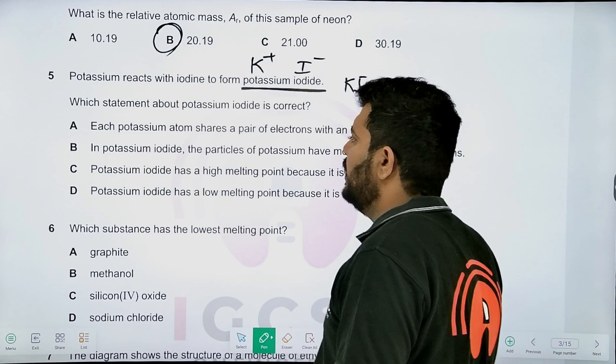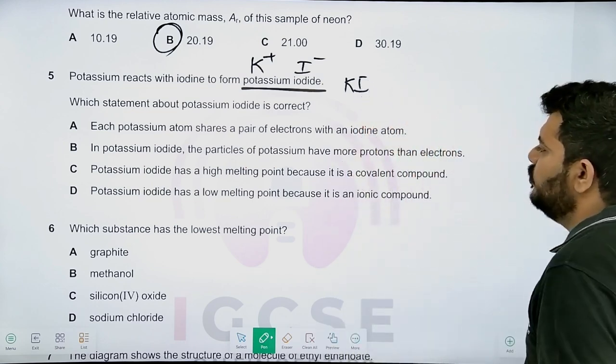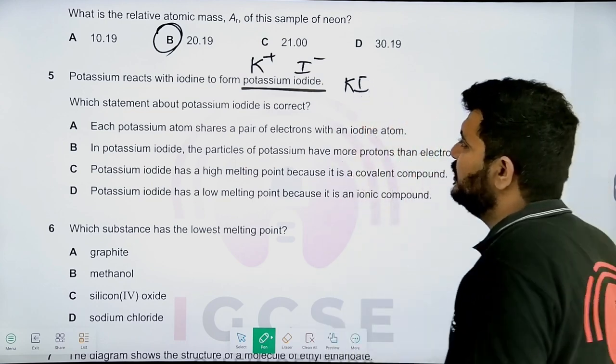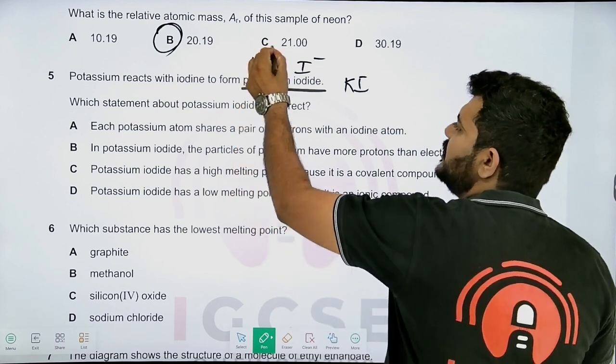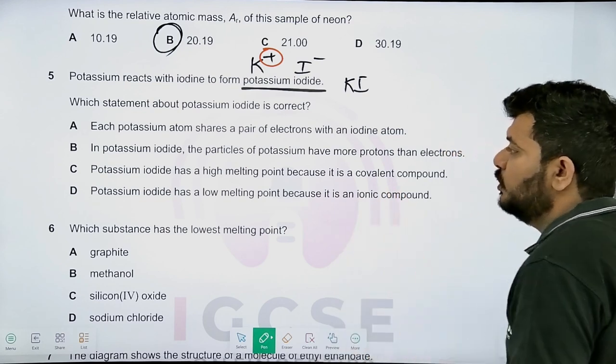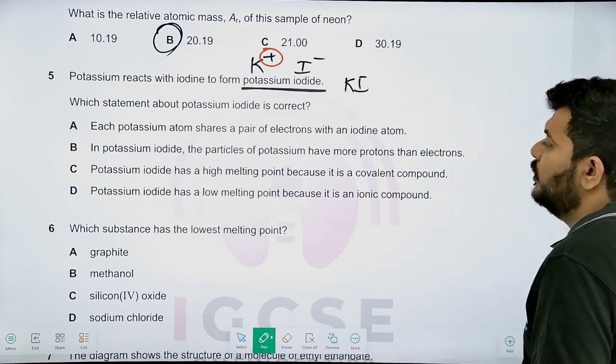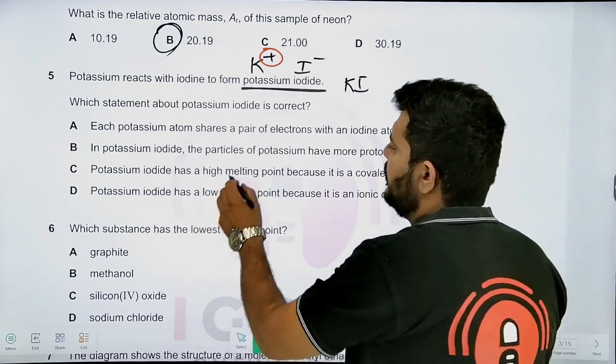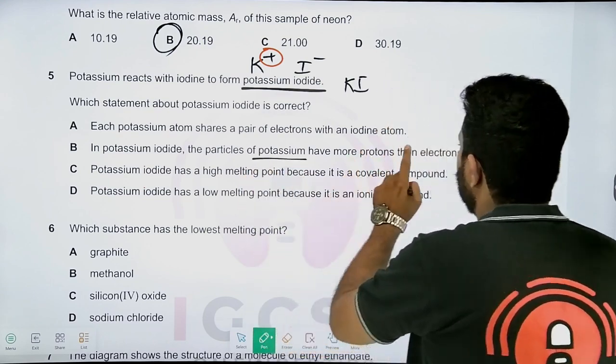In potassium iodide, the particles of potassium have more protons than electrons. It makes sense. See guys, if it has positive charge, it does have one proton more than the number of electrons. In potassium iodide, particles of potassium have one more proton than electron.